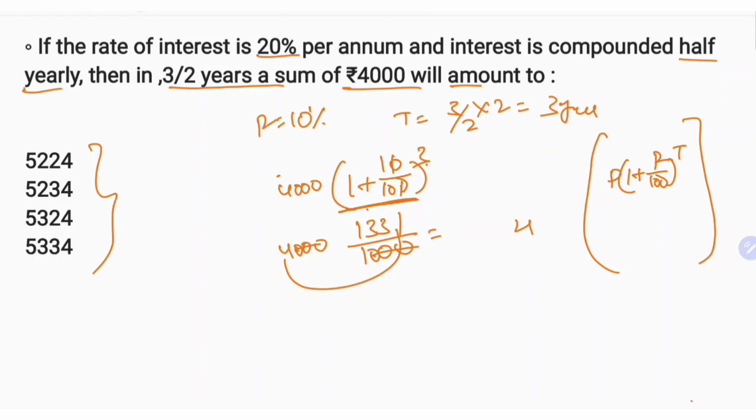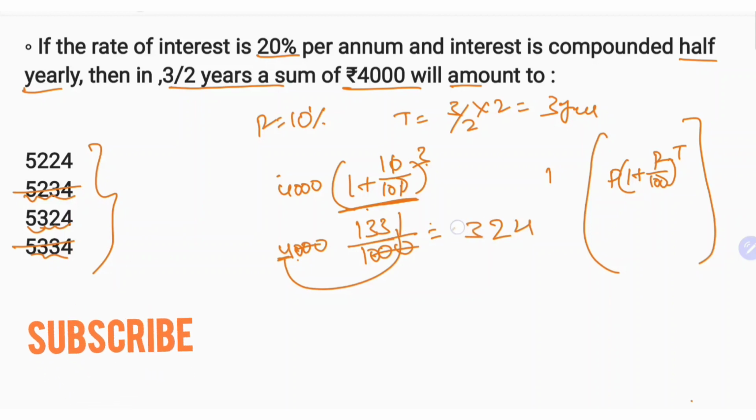And I can tell you one thing, it is also a multiple of 11. Here the digits are interchanged: 5324, 5234, 5334. Very, very near. So to avoid ambiguity, it is better to solve this question because it is only a multiple of 4. That's it. 4 ones are 4, 4 threes are 12. Eliminate, eliminate. 5, 3, 2, 4. Third option. Clear?